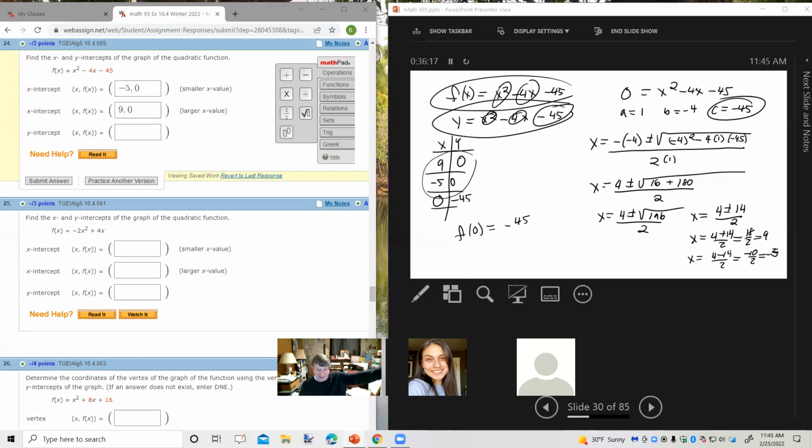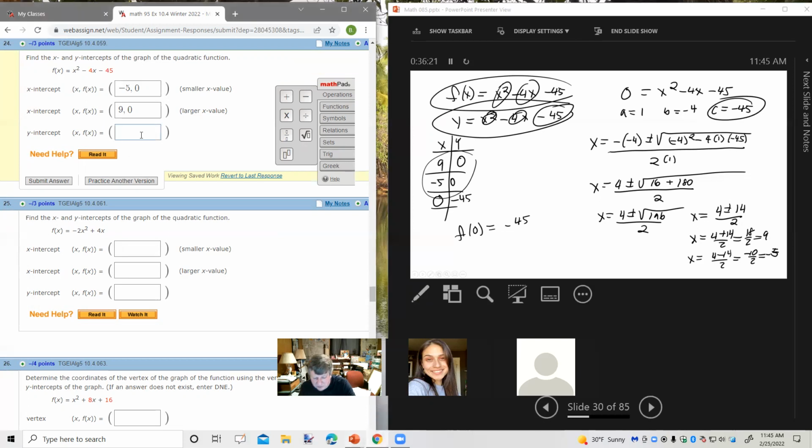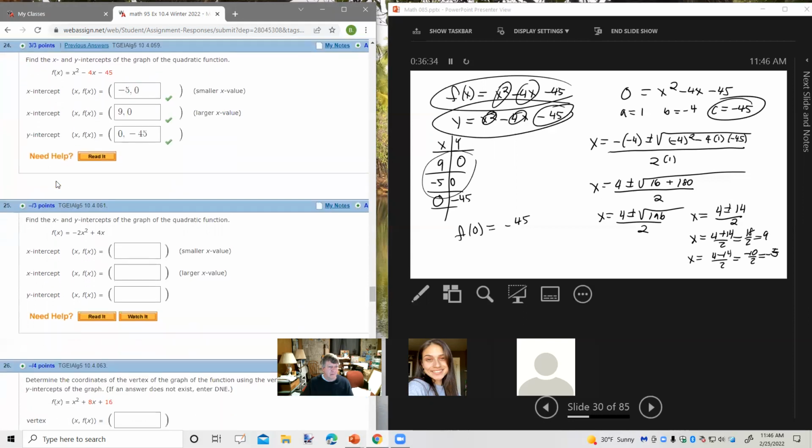That c, that constant, is going to be the y-intercept. So 0, negative 45. Any questions about that example? All right.